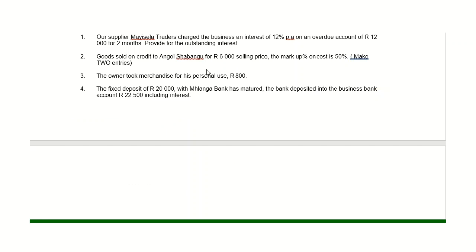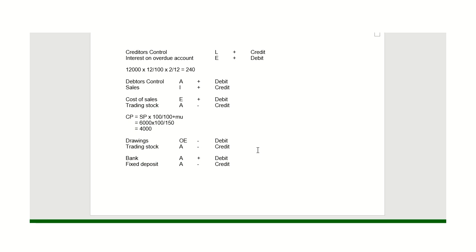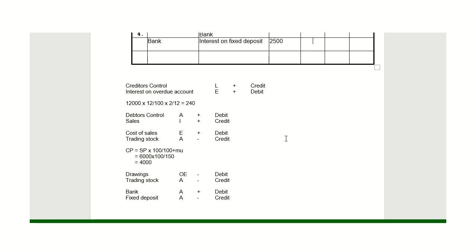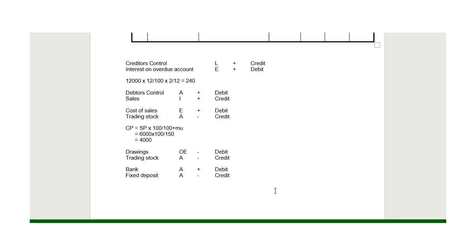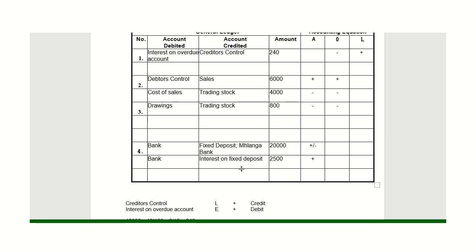So it's 2,500. Bank is an asset, and it got more. So the assets got more. And the interest was an income, more profit, more owner's equity. So it will also be a plus under owner's equity. Good, and that was the accounting equation.